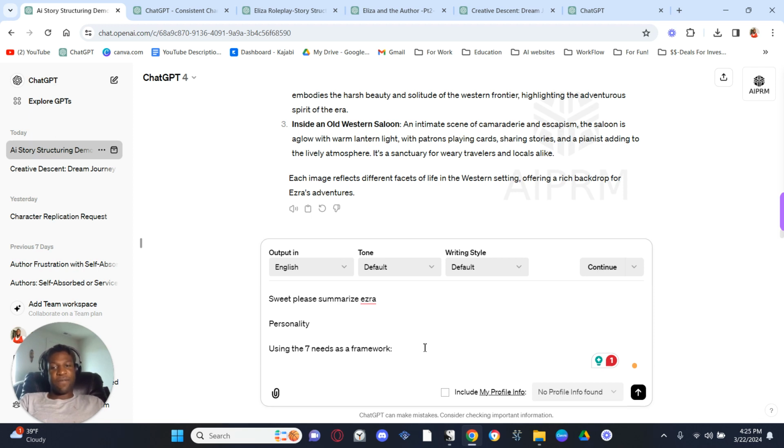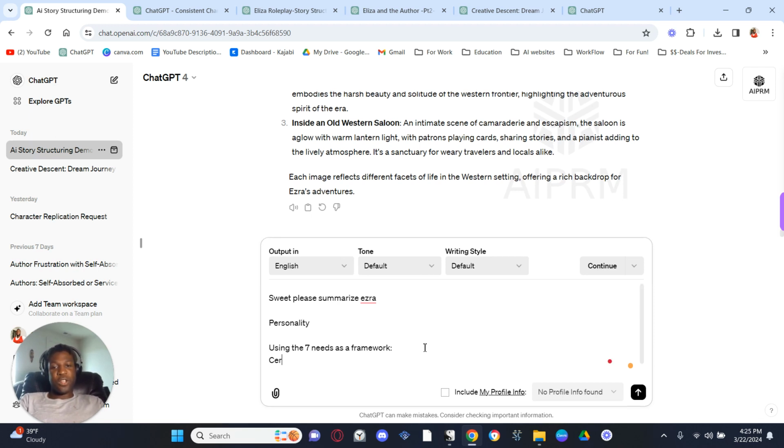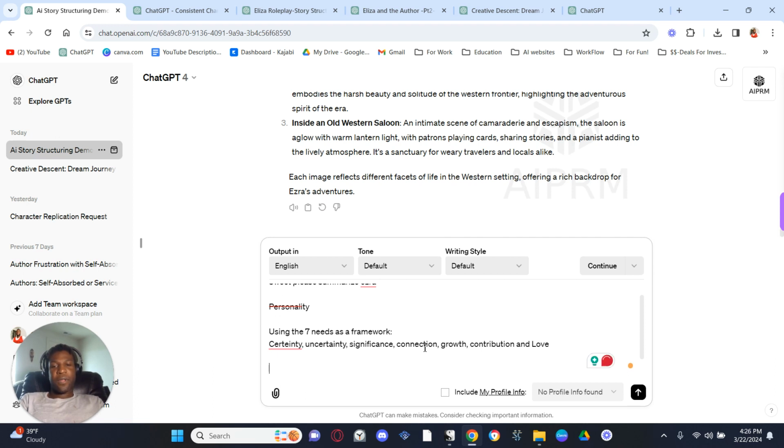So using the seven needs as a framework, certainty, uncertainty, significance, connection, growth, contribution, and love, I want you to create a compelling premise for the story.